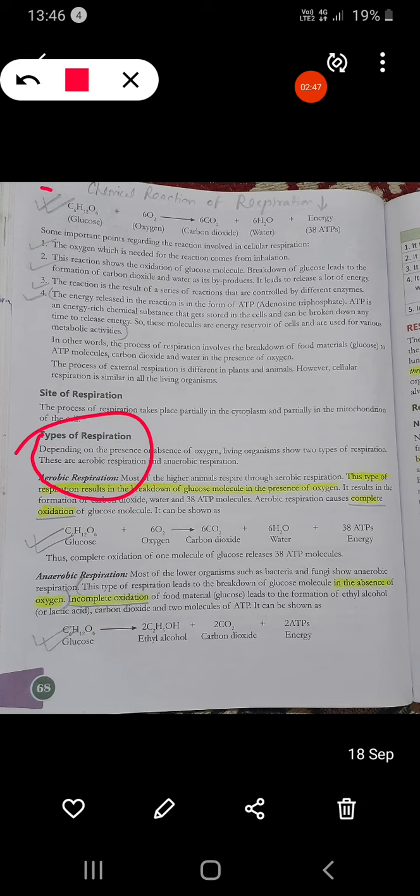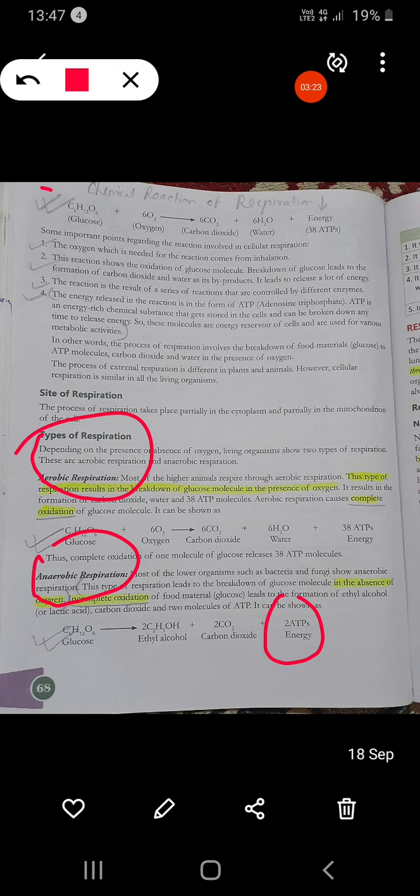Aerobic respiration occurs in most of the organisms like humans and other animals, but anaerobic respiration takes place in very small microorganisms like bacteria, fungus and parasites. Children, because these types of organisms do not require a lot of energy, because they do not do a lot of work, they need only 2 ATP energy, so they form that.